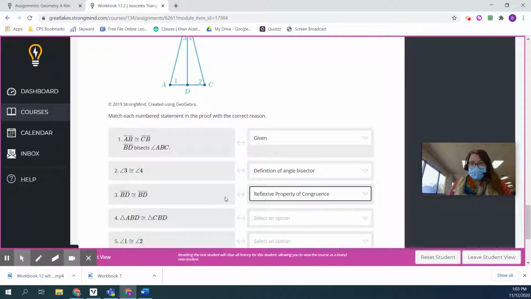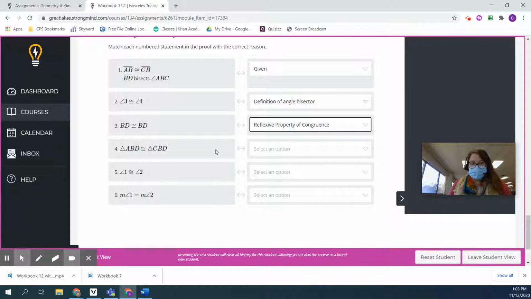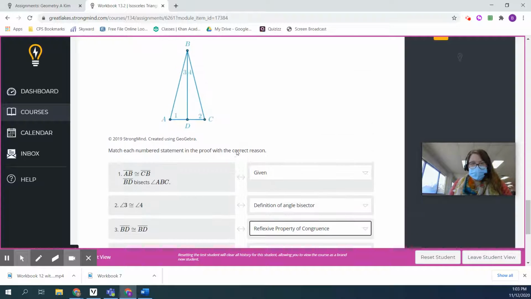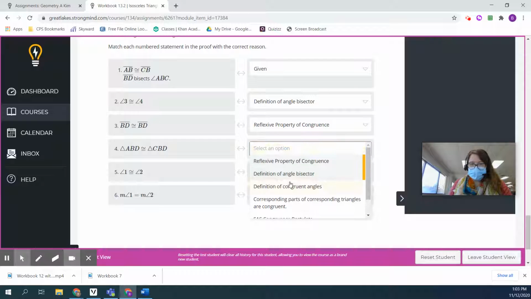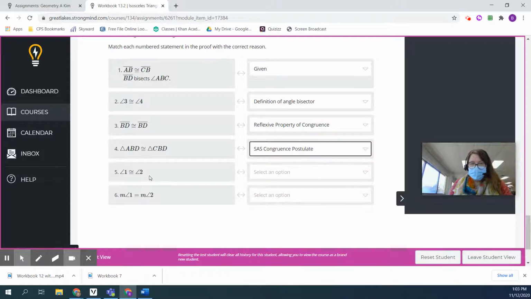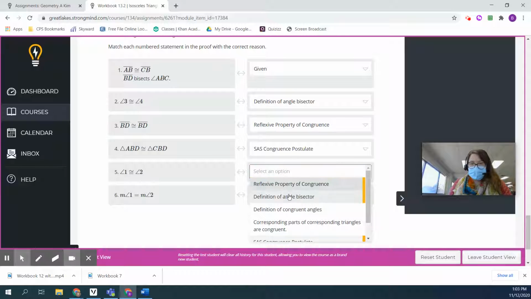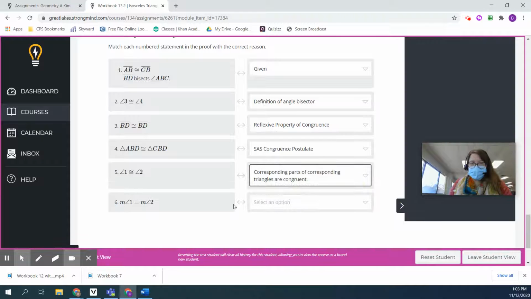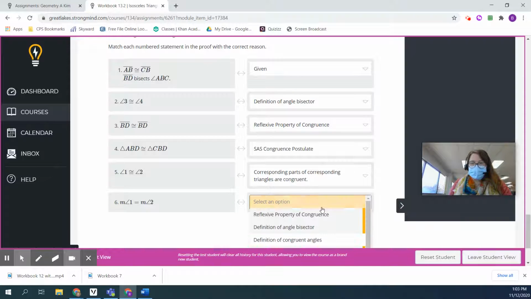If something's congruent to itself, it's the reflexive property. So then we have a side, an angle, and a side. So they're congruent by side, angle, side. And then corresponding parts are congruent, CPCTC, and then that's just the definition of congruence.